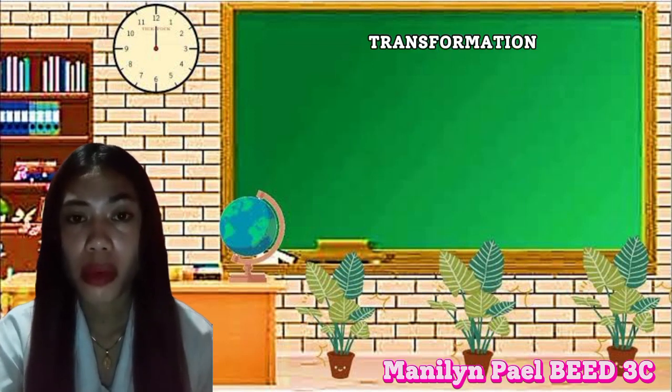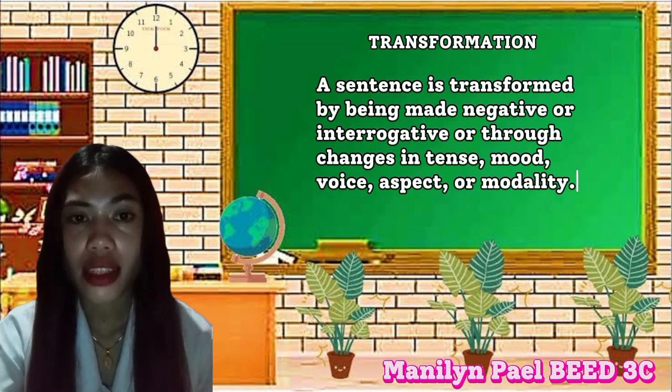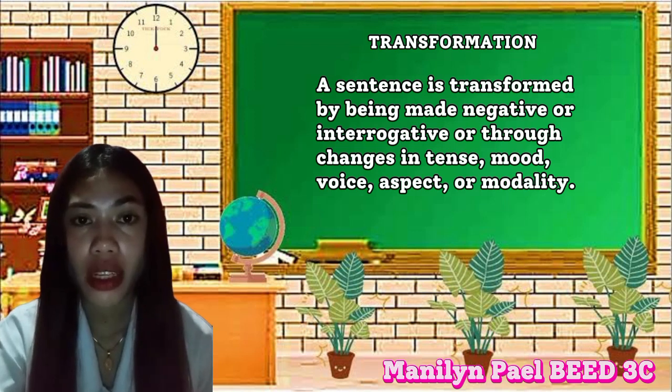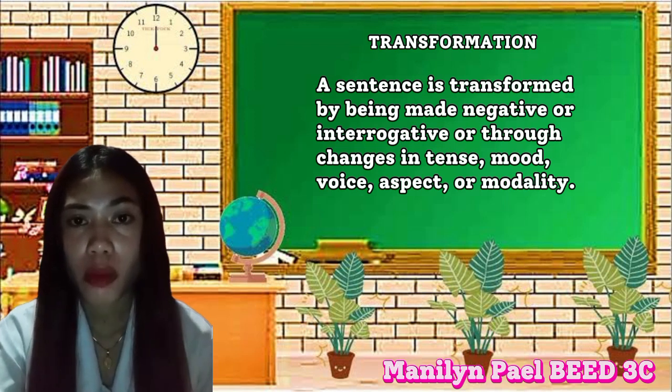Next, transformation. A sentence is transformed by being made negative or interrogative or through changes in tense, mood, voice, aspect, or modality. Transformation, on the other hand, involves changing a sentence from one form to another while preserving its meaning.